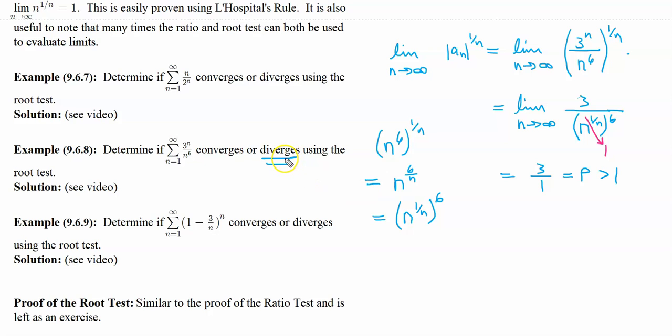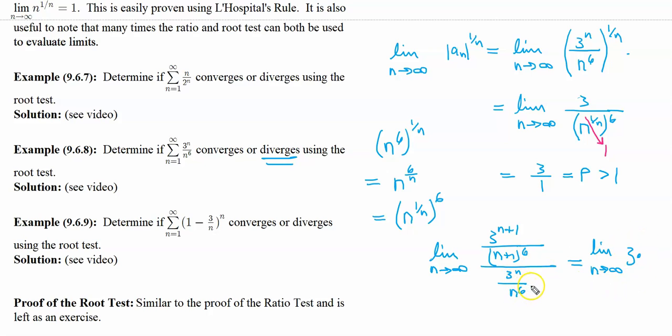Now take note with this example, as with the previous example, you could have actually used the ratio test and you would end up with the same result, that the series diverges. If you had looked at the limit as n goes to infinity of a_(n+1) over a_n, all right, now this is applying the ratio test here. Notice that 3 to the n plus 1 over 3 to the n will give us 3.